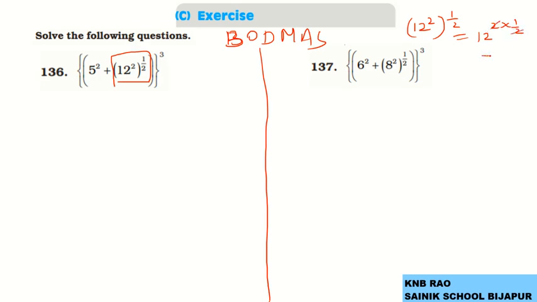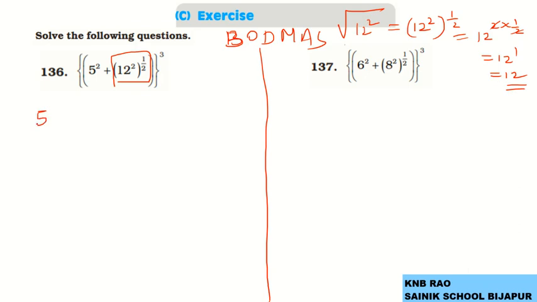This 2 cancels, so 12 power 1, which equals 12. Or else the other way is it is just nothing but square root of 12 square. Square root of 12 square is 12 only.